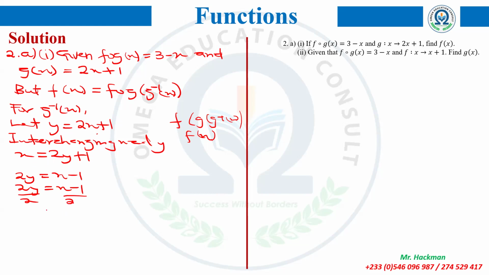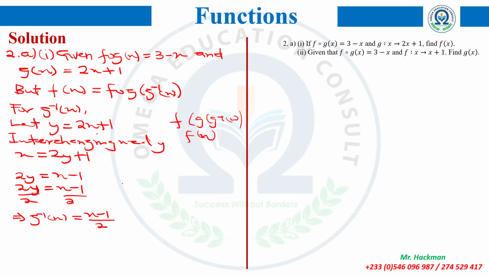Are you following? So I will get y, and I know that y will be the same as the inverse function. So instead of writing y is equal to this, I write that this implies that g inverse of x is x minus 1 all over 2. Because the denominator contains no variable, I don't have to attach any constraint.